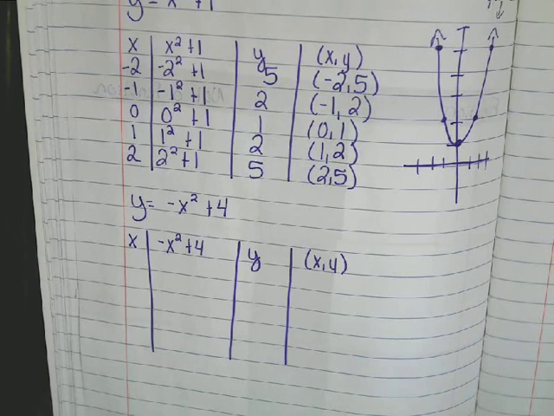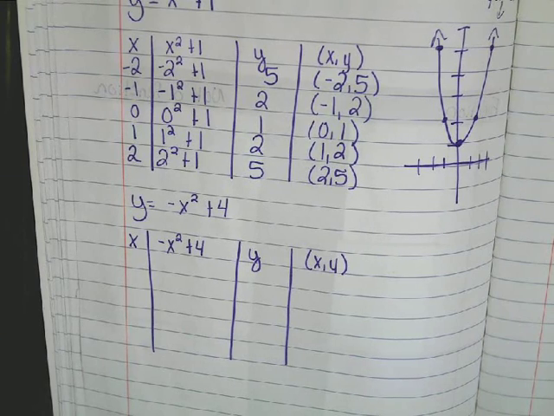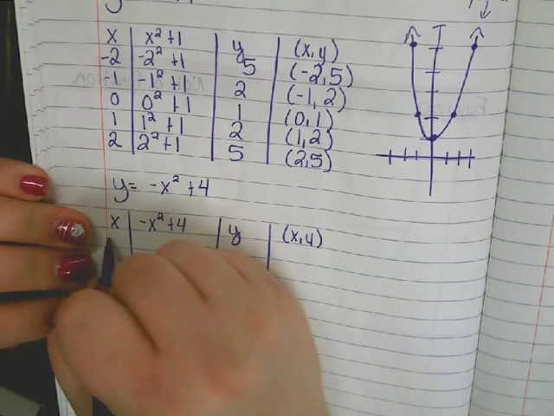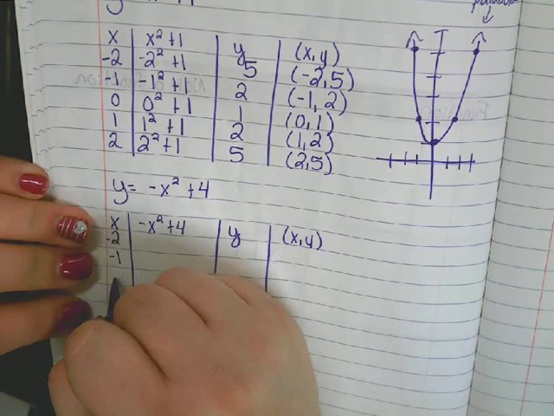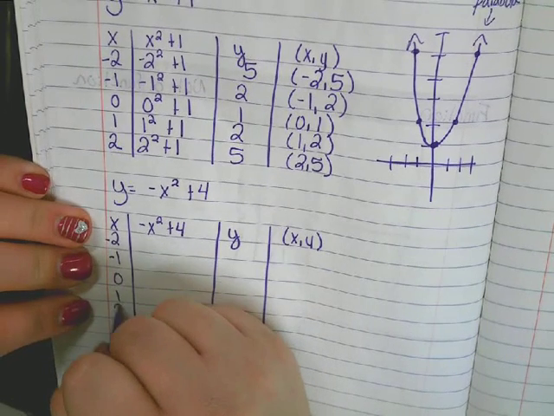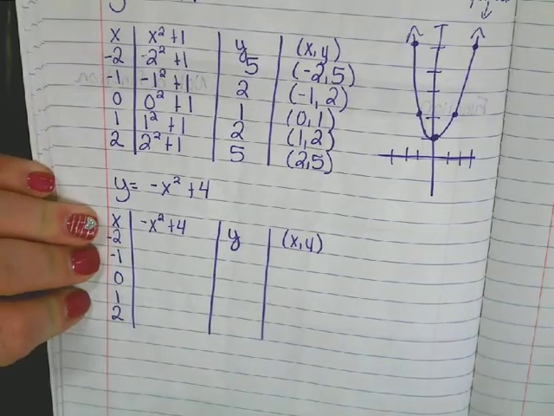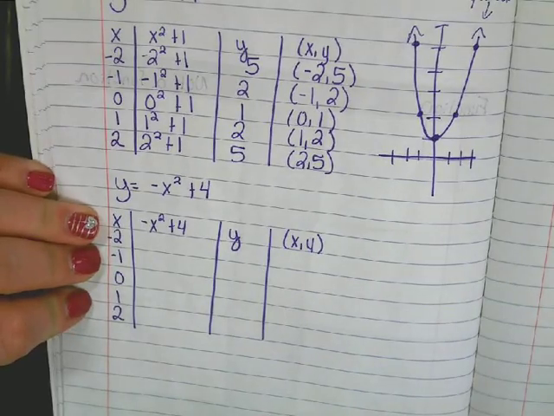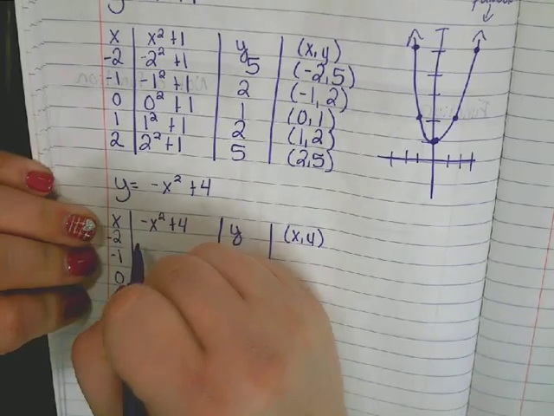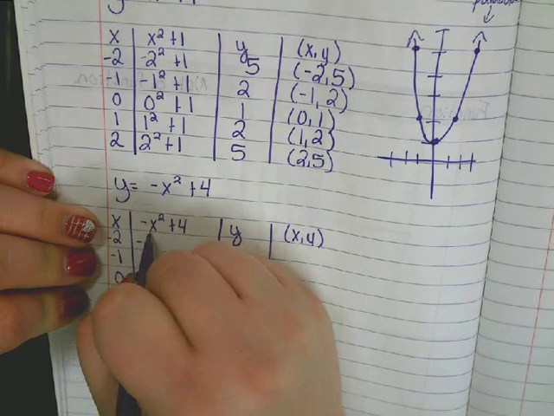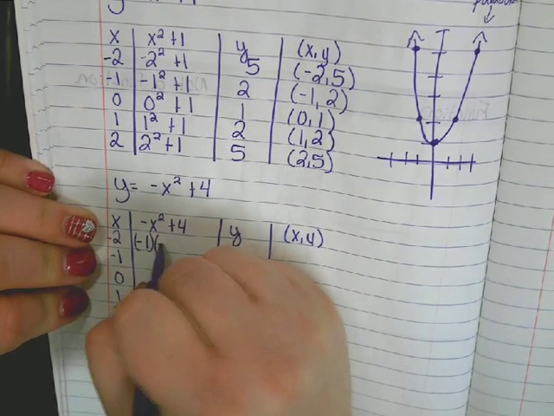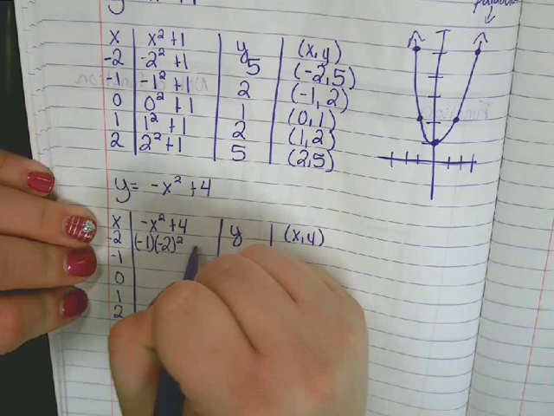So same thing, our values are negative 2, negative 1, 0, 1, 2. Now when we look at this, we need to think of it as a negative 1 times a negative 2 squared plus 4. We can't forget about that negative 1 that's in front of our x.